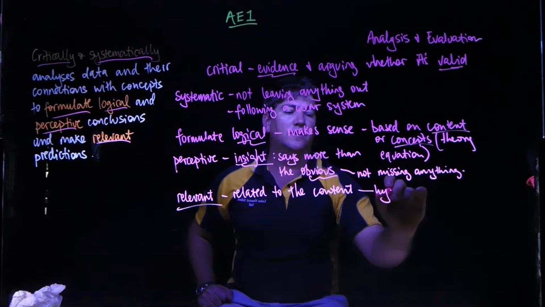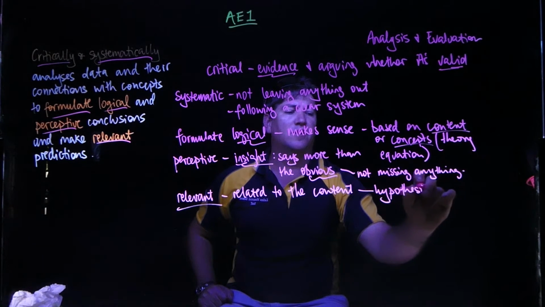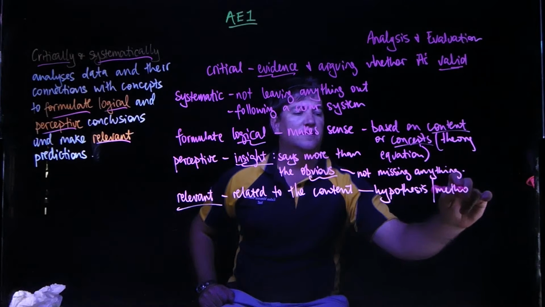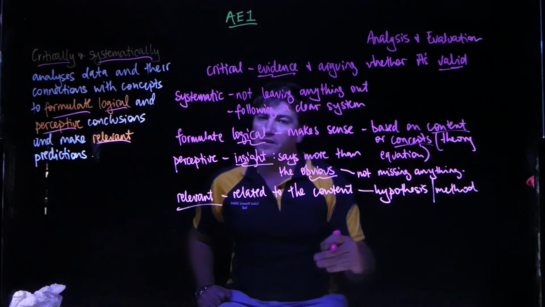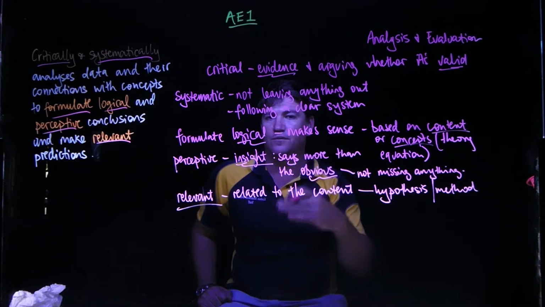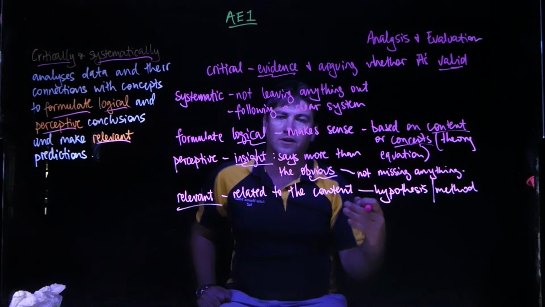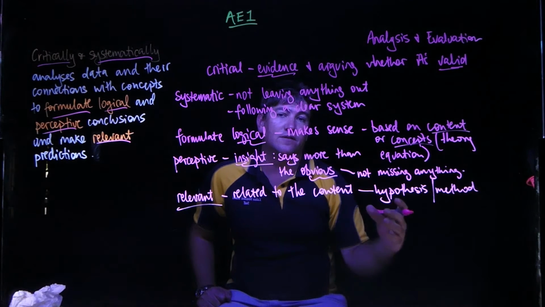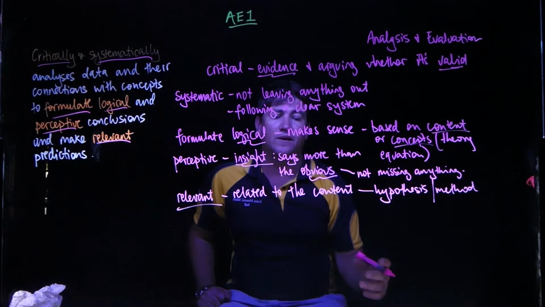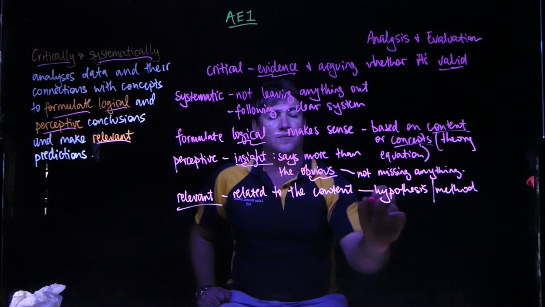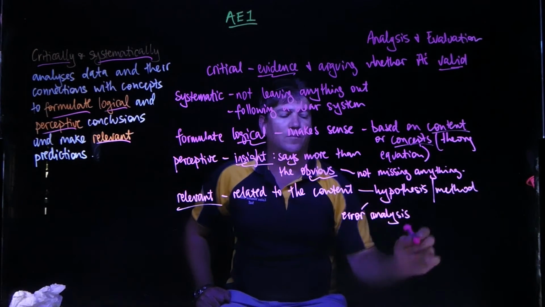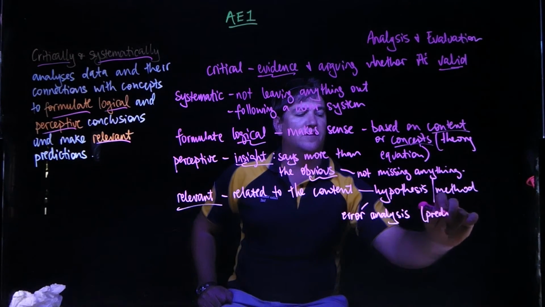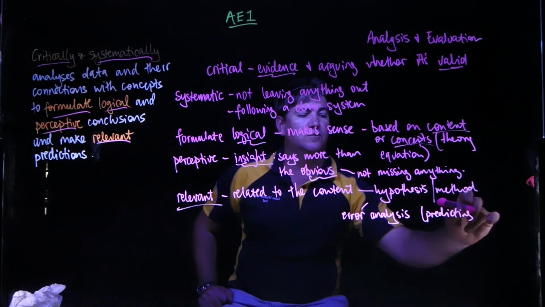This is usually somewhere in the hypothesis or the method that you're using to do the experiment. Sometimes it can be in the analysis part, where you're saying, here's the source of error, here's what I would do to try and minimize that source of error, and these are the things that I think it will do. So it's sometimes in here and sometimes in the error analysis part, where you're predicting what the changes would do.